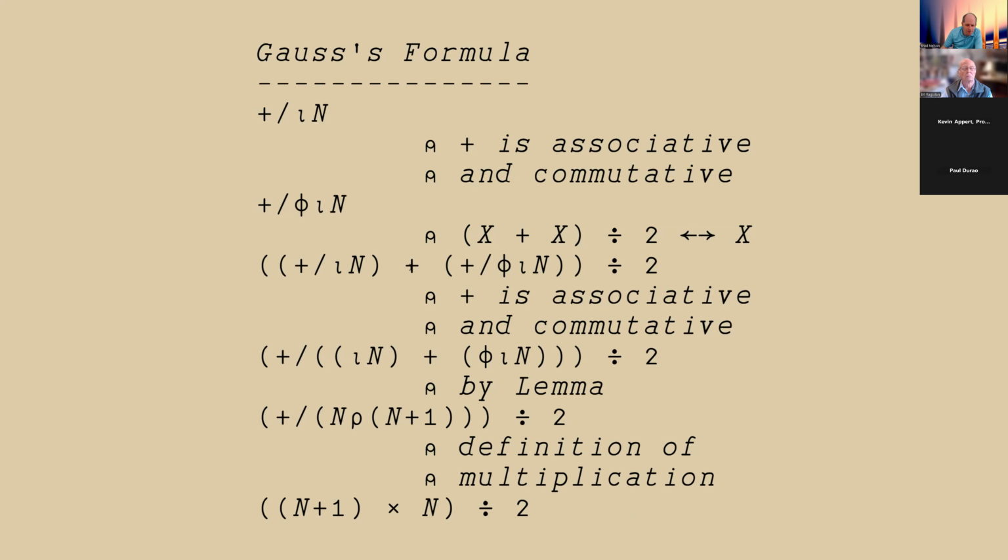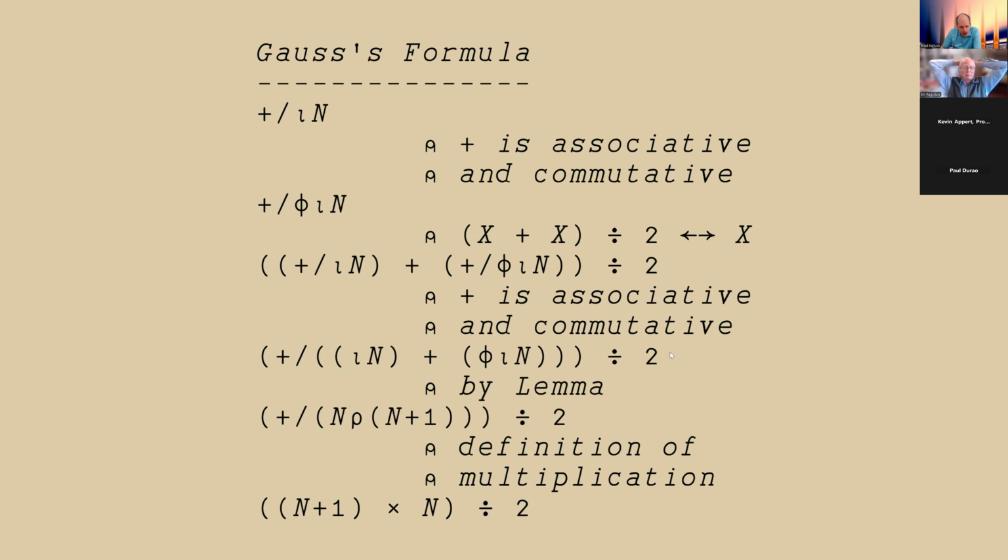So now I can talk about the summation of, and really this is leaning on associativity and commutativity, the sum of 1 to n plus the reverse of the sum of 1 to n, all divided by 2.